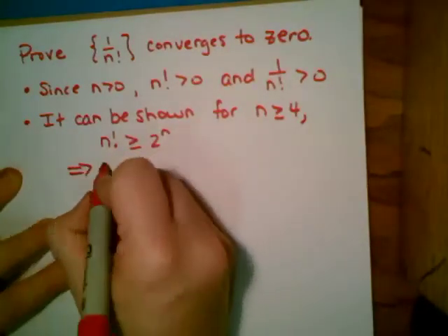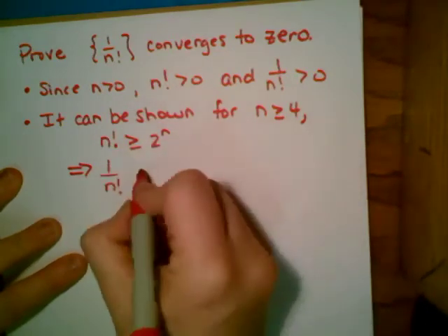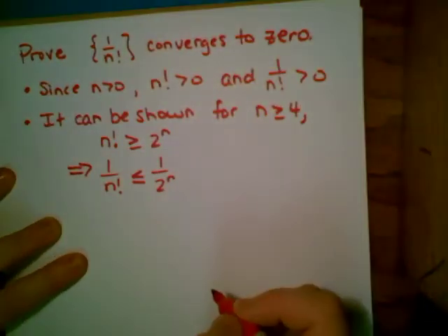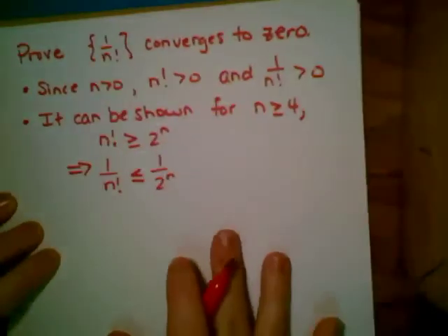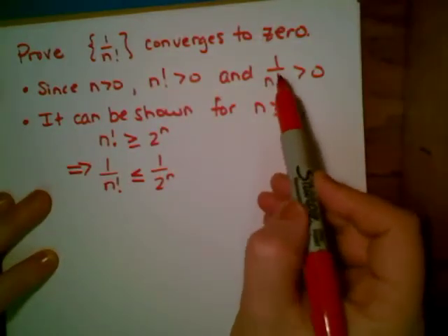Well, that implies that the reciprocal of n factorial is less than or equal to the reciprocal of 2 to the n. So what do we have together here with these 2 statements?